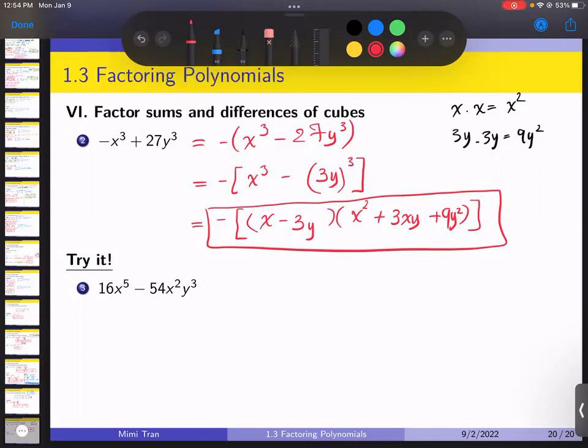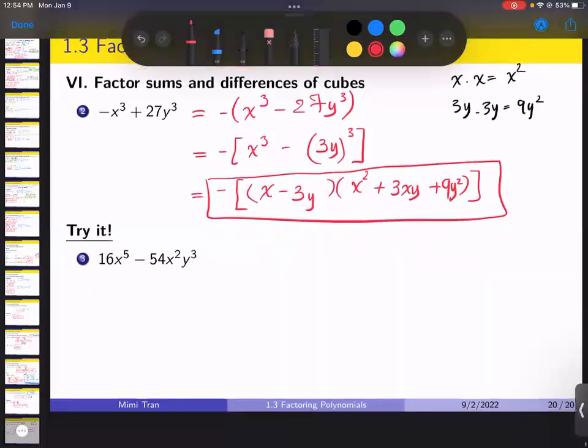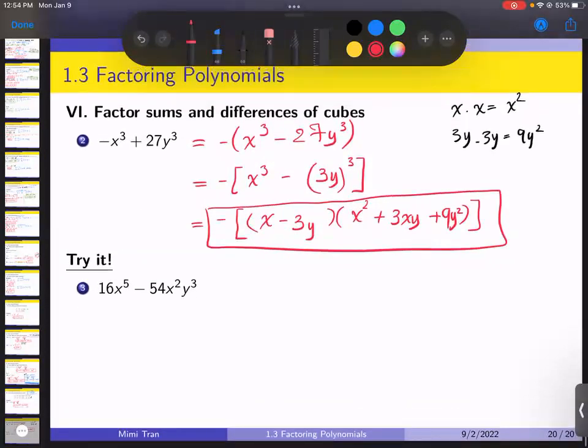If I want to take out the... no, I'm good. I'm okay. All right, GCF. Between 16 and 54, what should I take out? 2, right?